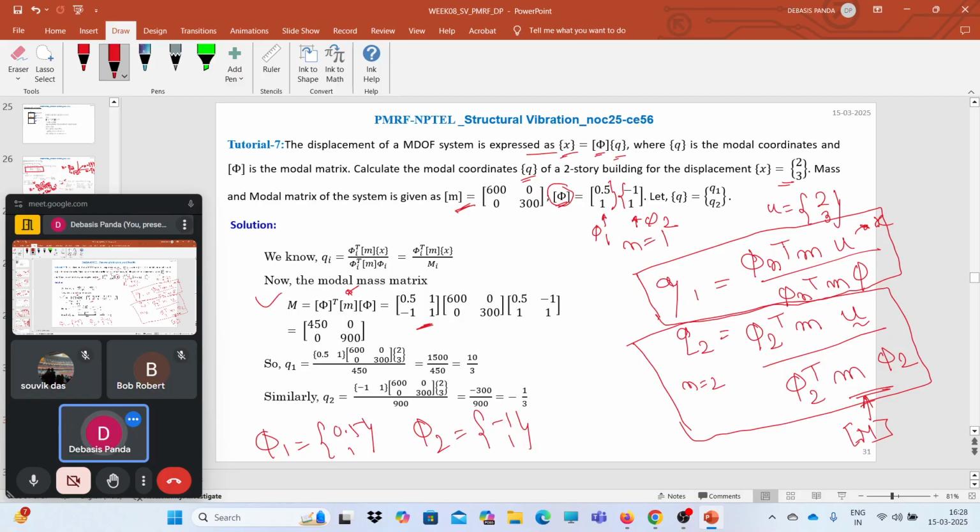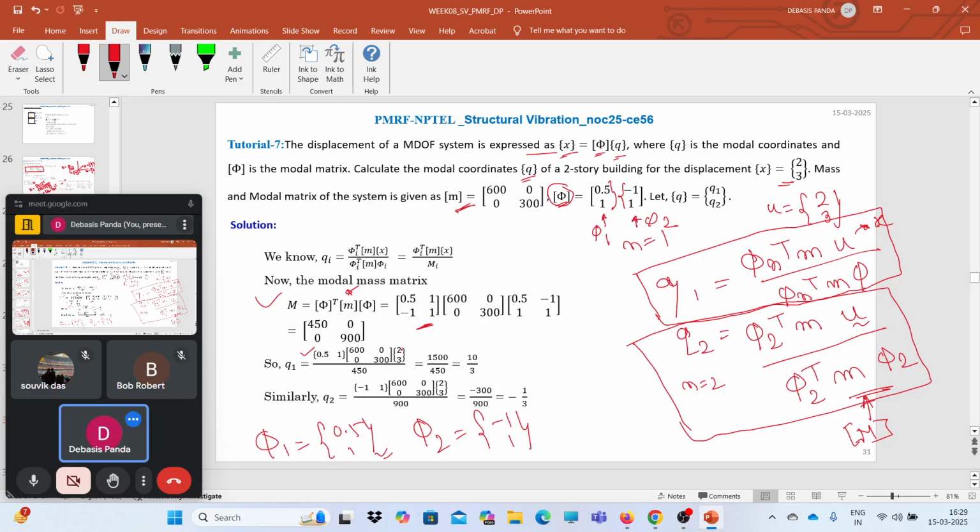and this. So phi 1, what is the value of phi 1? I have already extracted it from the phi matrix: 0.5 and 1. Transposed, it becomes 0.5, 1, then the mass matrix 600, 0, 0, 300.